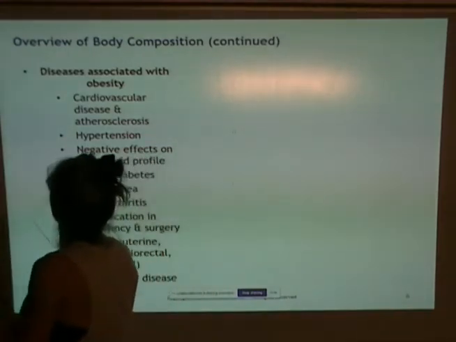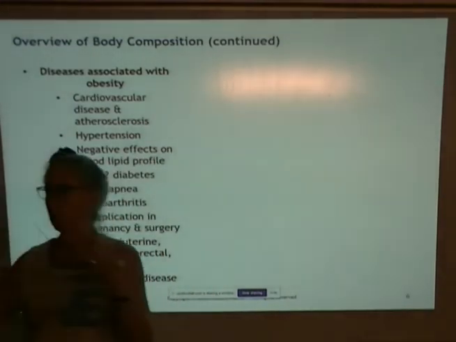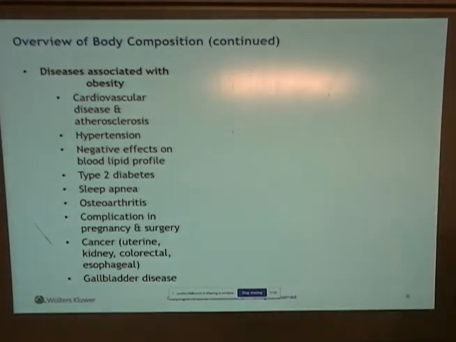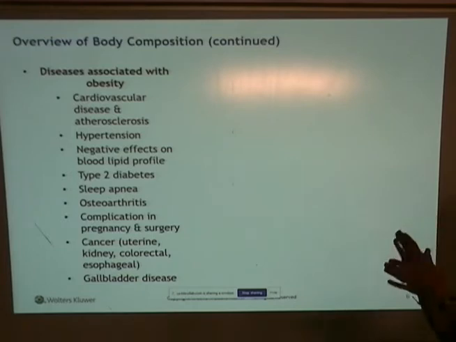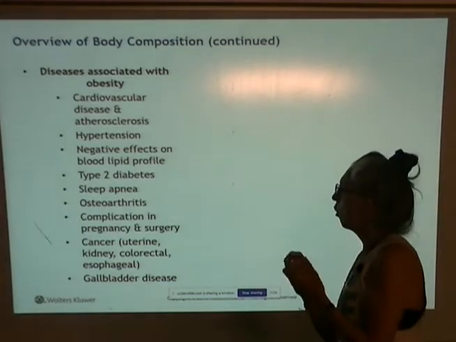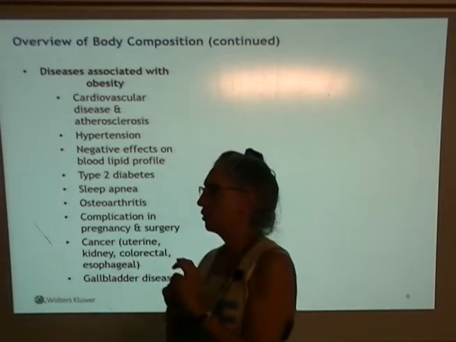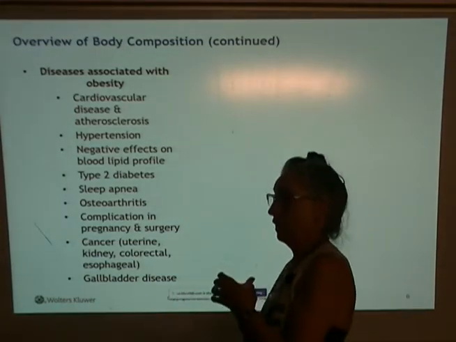So the reason this body composition, this obesity and overweight is a problem or a concern is because of the association with disease, okay? So here's a list of some of the diseases that are associated with being obese.